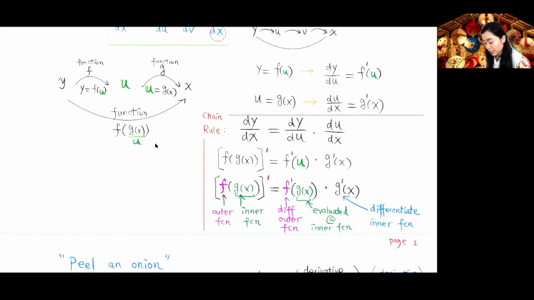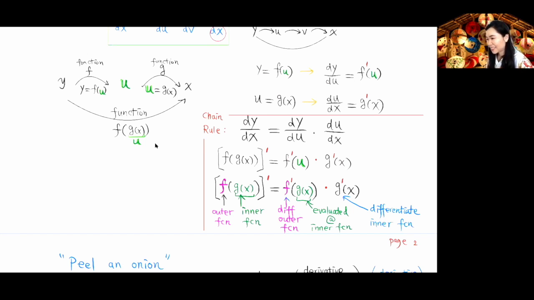Now, the chain rule says that dy dx equals this. Well, dy dx over here is the derivative of this function, f composed with g. So when you differentiate this function, f composed with g, with f being the outer function and g being the inner function, then what do we get? Well, the dy du over here is the same as f prime of u, because y here is a function of u.